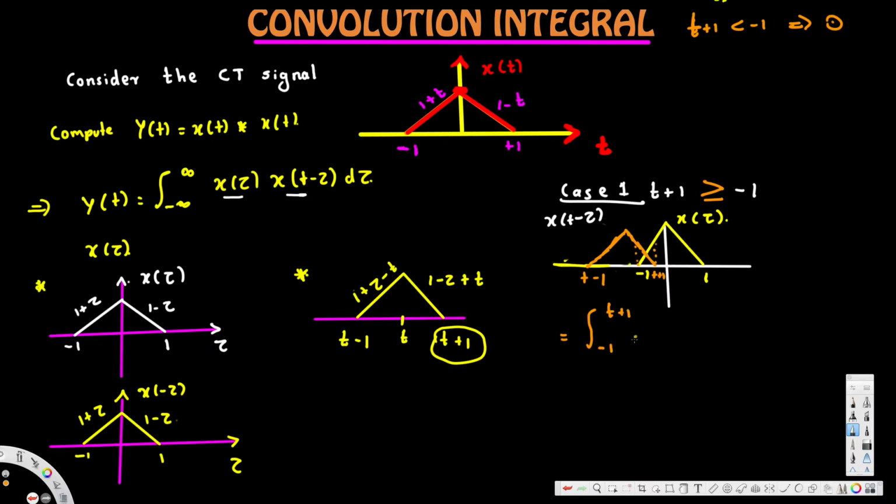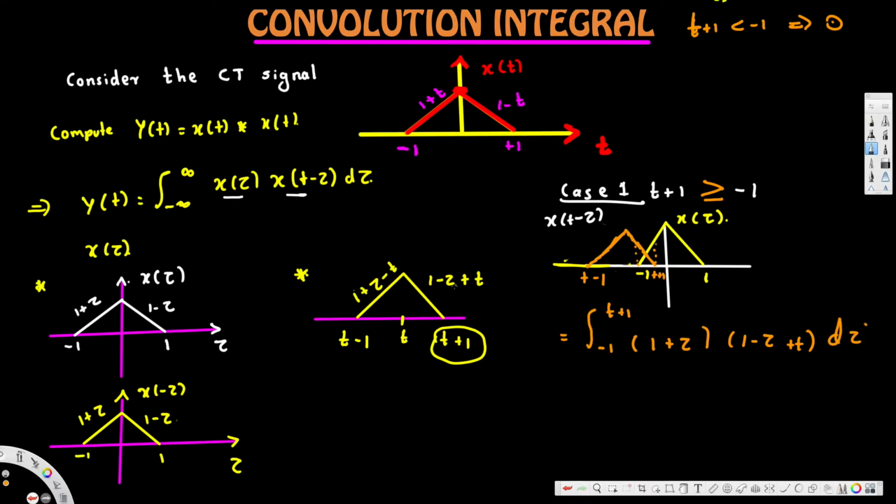and then the expression is going to be 1 plus tau, and then 1 minus tau plus t, d tau, because you can see this region, 1 minus tau plus t, that is this one, right? 1 minus tau plus t is this axis, and then 1 plus tau in the x of tau, this one is 1 plus tau.